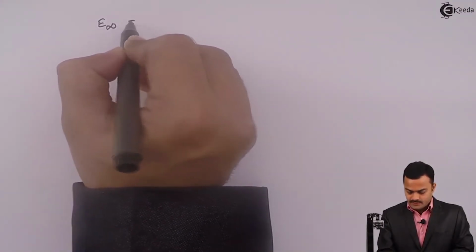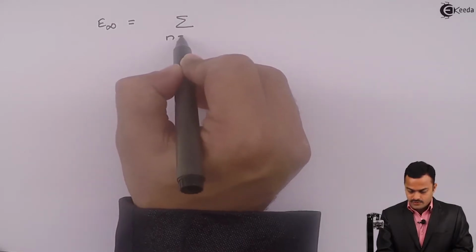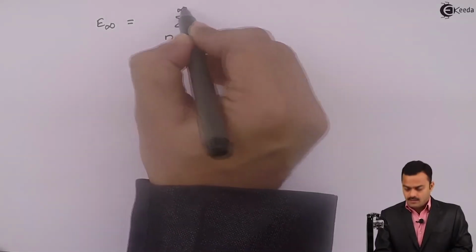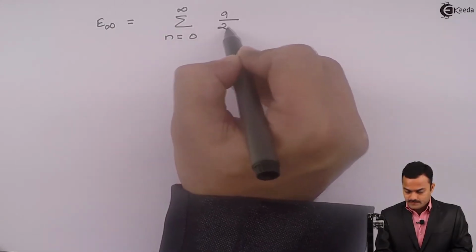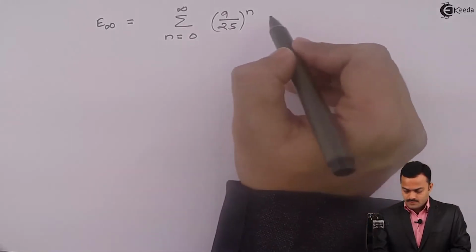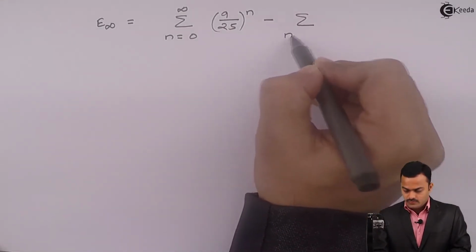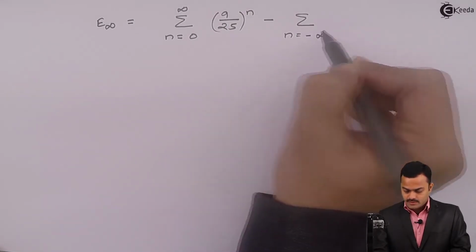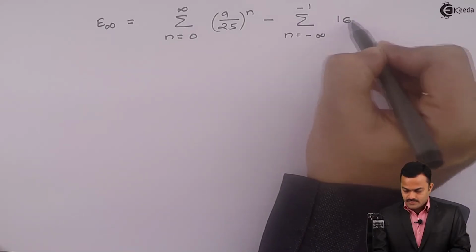So E infinity equals summation n equal to 0 to infinity of (9/25) raised to n, minus summation n equal to minus infinity to minus 1 of 16 raised to n.